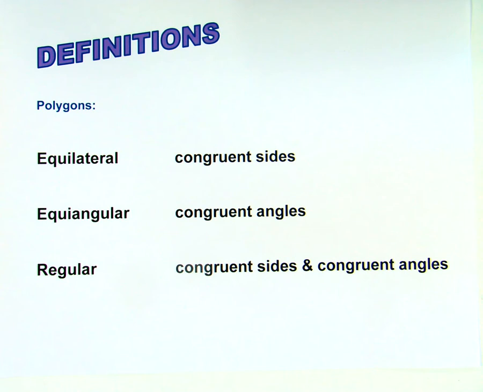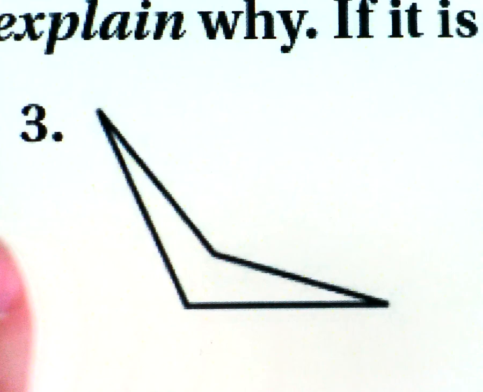Let's look at a few of them. Okay. Is that a polygon? Yeah, that's a polygon. It has flat sides, straight sides, and it's closed. It is concave because it makes a cave that you can hide in. This is not a polygon because it has a curved side. It's a piece of pie. Maybe cherry.